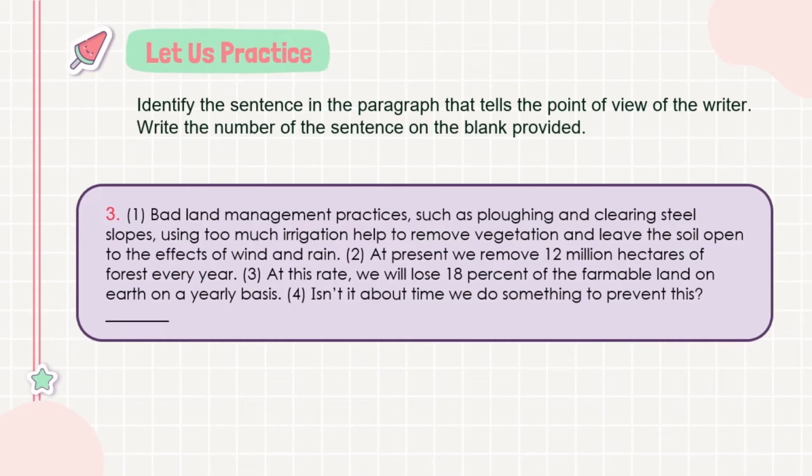At this rate, we will lose 18% of the farmable land on Earth on a yearly basis. Isn't it about time we do something to prevent this? So, which sentence in the paragraph tells the writer's point of view? Write the number on the blank provided.